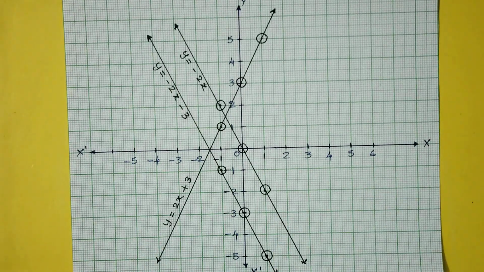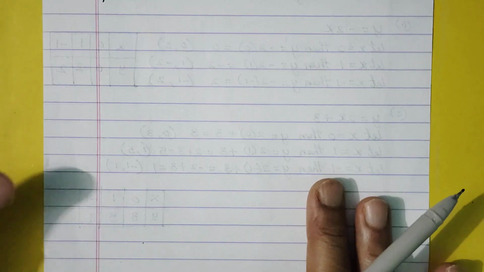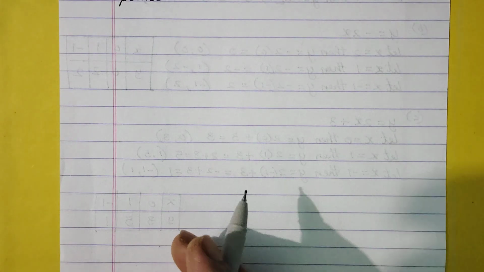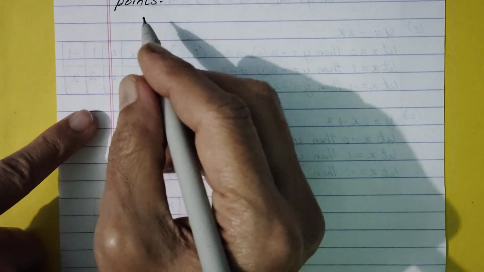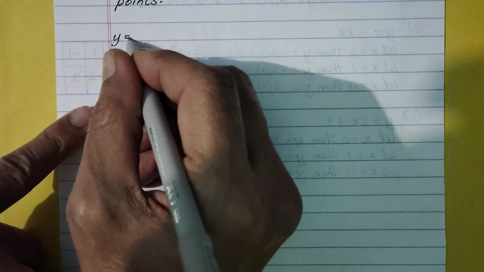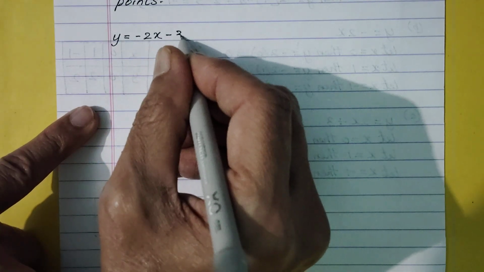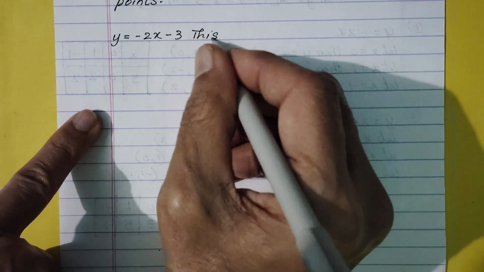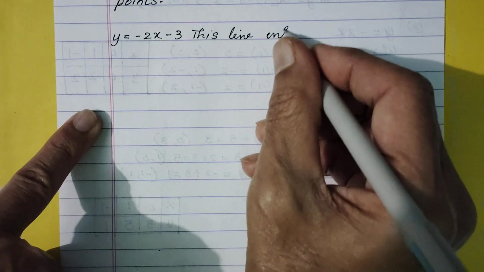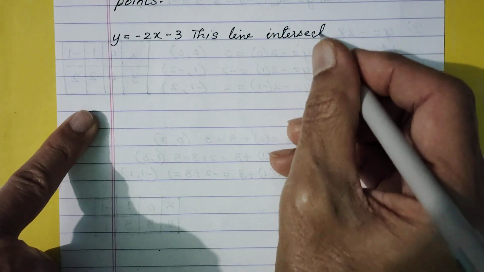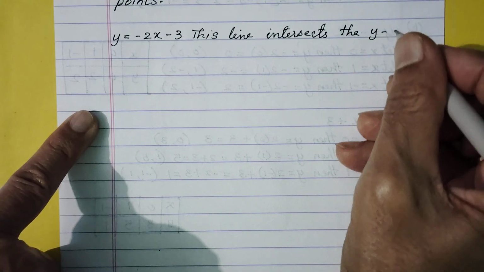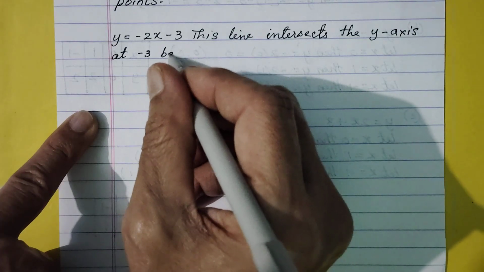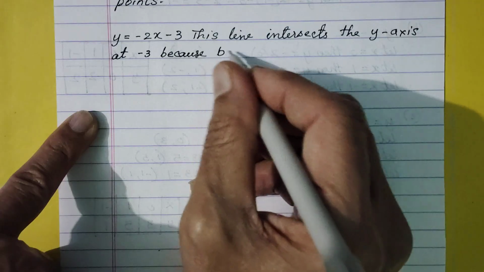So this we will write down here. y equal to minus 2x minus 3: this line intersects the y-axis at minus 3, because b is equal to minus 3.